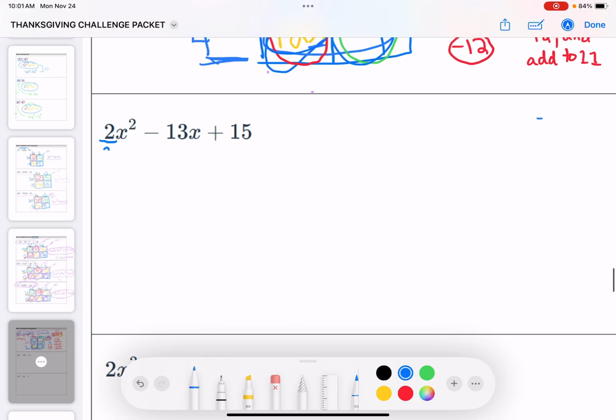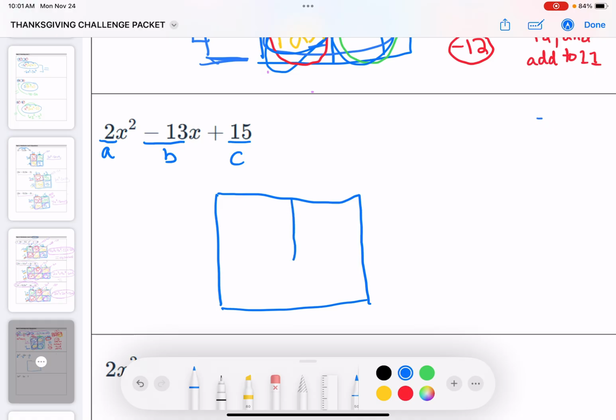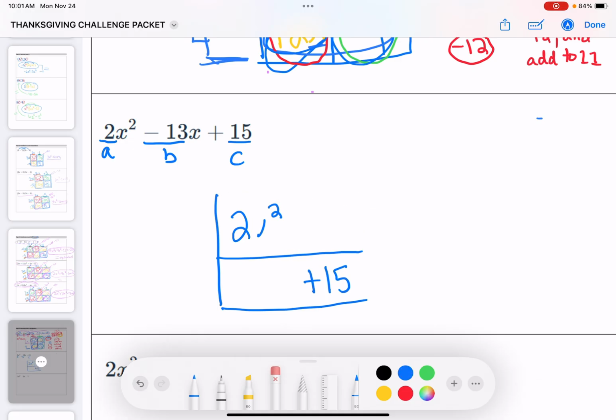We're going to label my A, my B, my C. We're going to put it in to our box method. 2x squared goes in the first box. 15 goes down here.